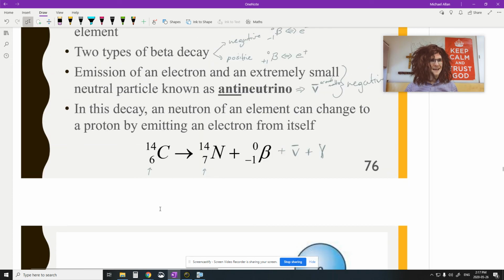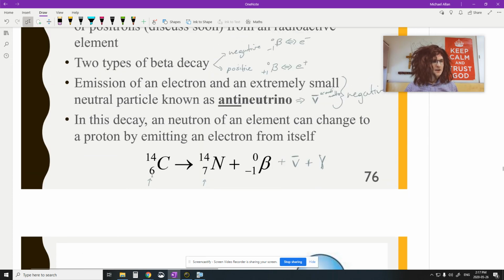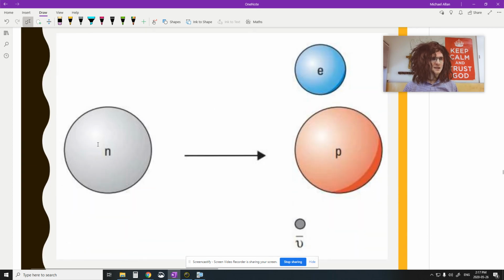Okay, so what's actually happening here is I have 6 protons, and all of a sudden I gain a proton. But you notice on the top here, my nucleon count didn't increase. I gained a proton, but wouldn't that mean my nucleon count has to increase as well, because a proton is a nucleon? Well, what's actually happening is this.